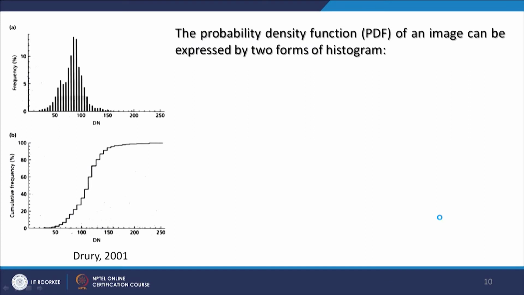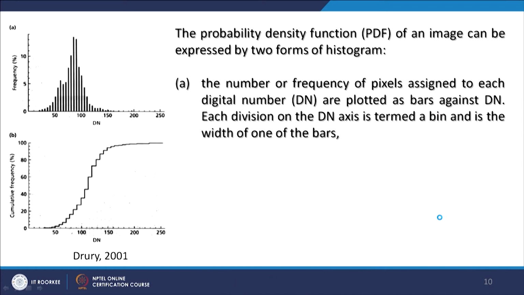Now, the probability density function of an image can be expressed in two forms, either through this histogram or in a cumulative way like on the bottom side. So one has to be careful, this is frequency and this is cumulative frequency.